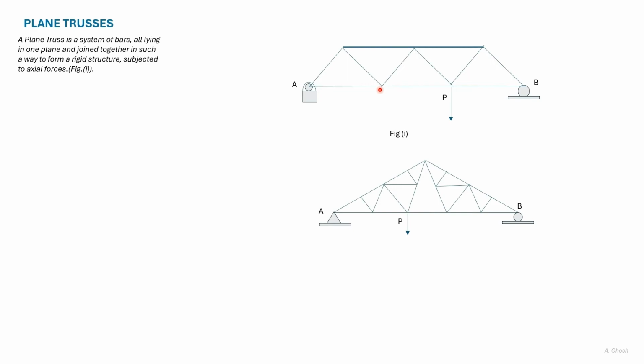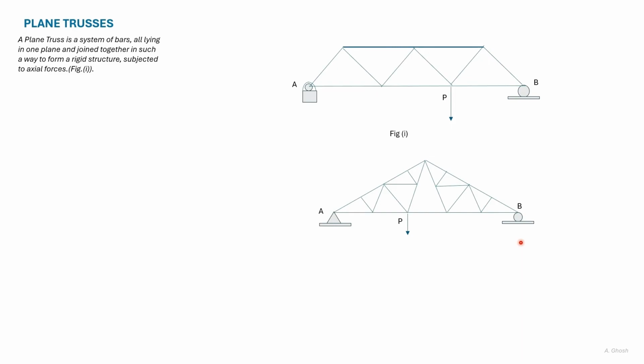We consider that the hinges are frictionless, or they are idealized as frictionless, and the forces are applied on the hinges. The plane of the force is also same as the plane of the truss. Here we have taken two types of common support shown as A and B. A is a hinged support, and it can withstand loads both in the vertical direction and the horizontal direction.